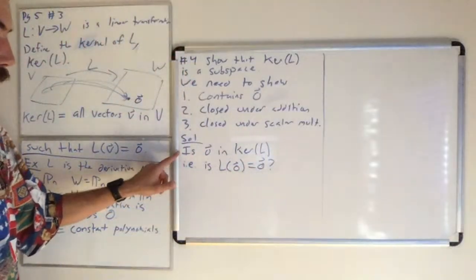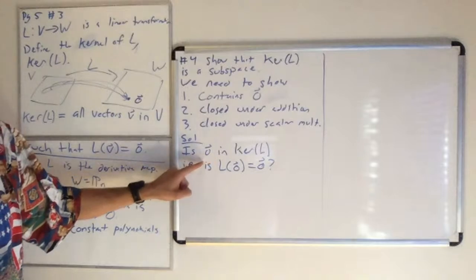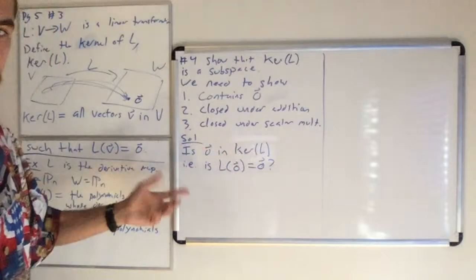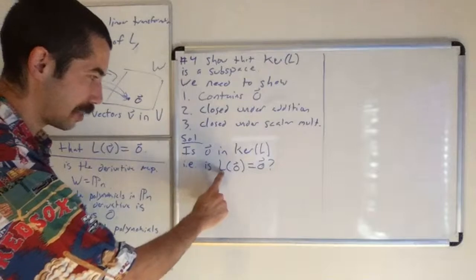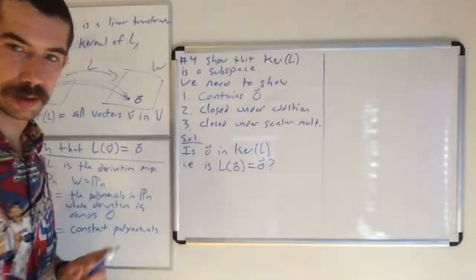Okay, so the first thing we want to show is that 0, the 0 vector, is in the kernel of L. Another way to write that is L of 0 equals 0.